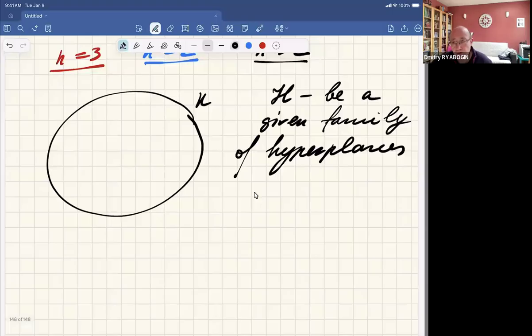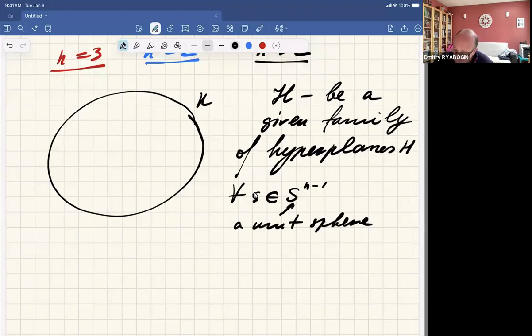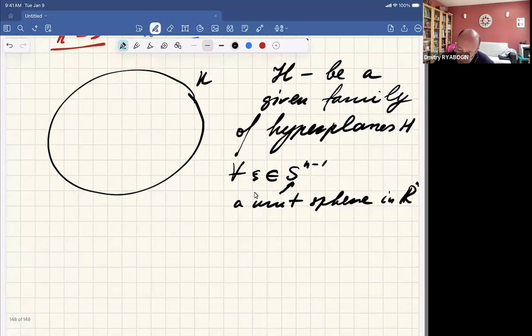I'm going to define them precisely, but what I wish is that for any direction psi in the unit sphere in Rn, there exists a unique H from the family.